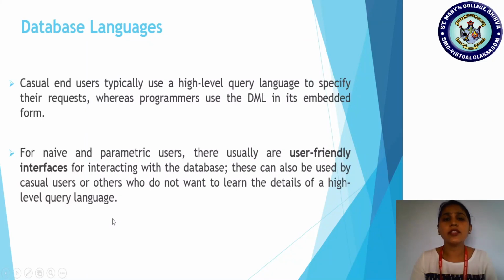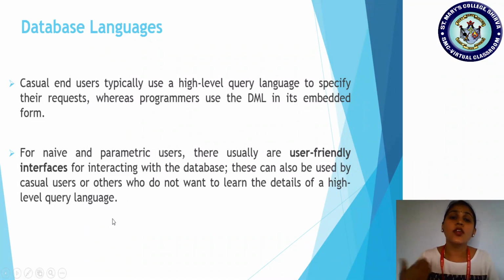Speaking with reference to the different end users, casual end users typically use which type of language? High level query language in order to process their request. And whereas programmers, like the persons who are having the knowledge or ability to use the query languages, they use data manipulation language in its embedded form.